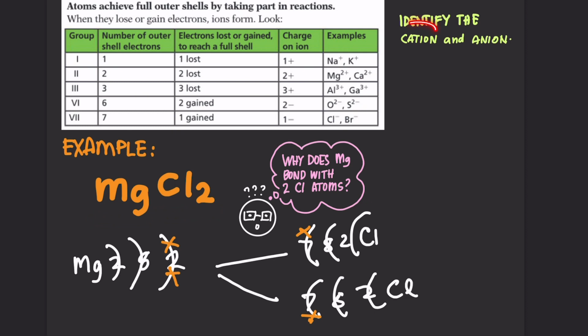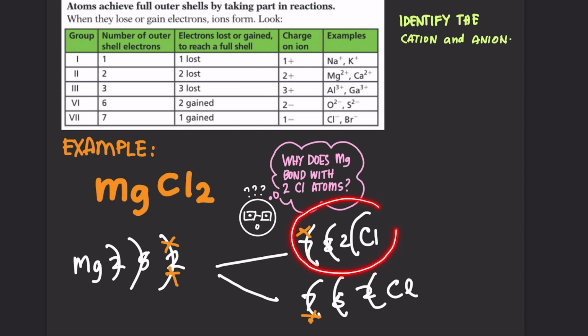Okay, so which is the cation? The cation would be magnesium. Since it lost 2 electrons, there are now 2 extra protons, giving it a charge of 2 plus. While chlorine is the anion.